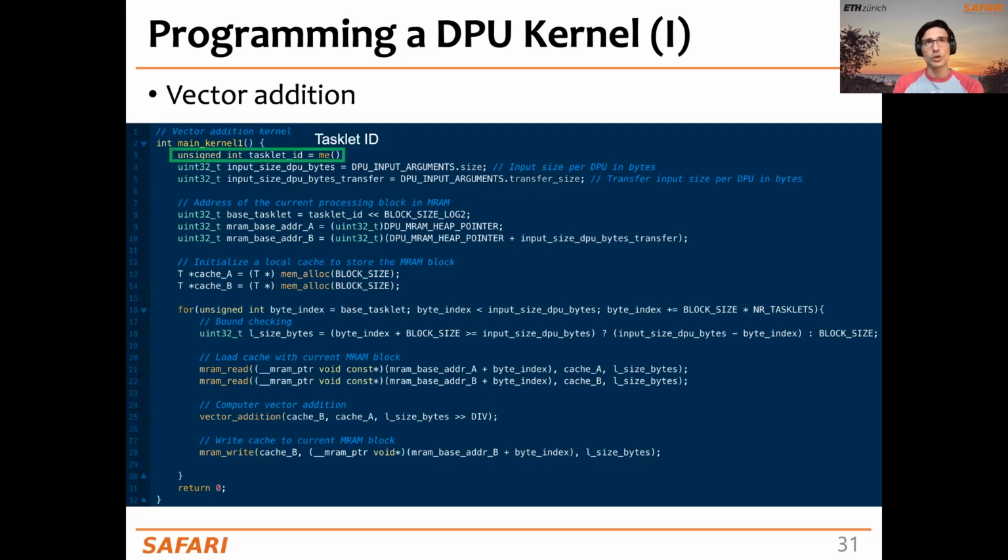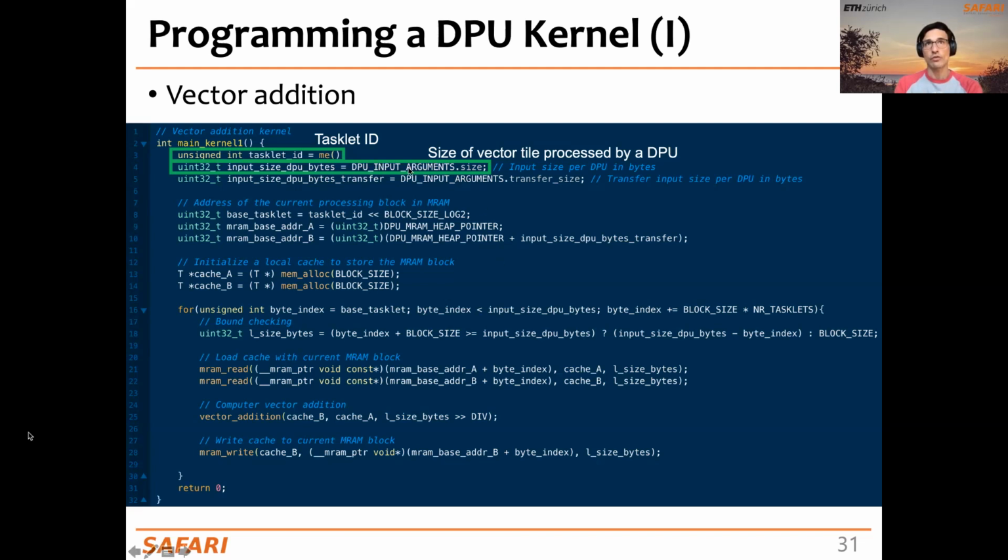First of all, what we do is obtain the tasklet ID for every single tasklet that runs on a DPU. It's possible to get one identifier, and we need to use this identifier to address memory and to access the NRAM in a proper way. This is the size of the vector tile that is processed by this specific DPU.